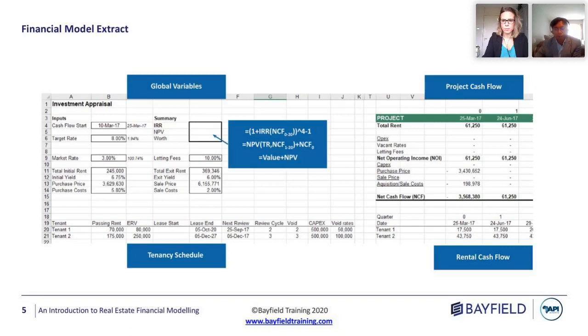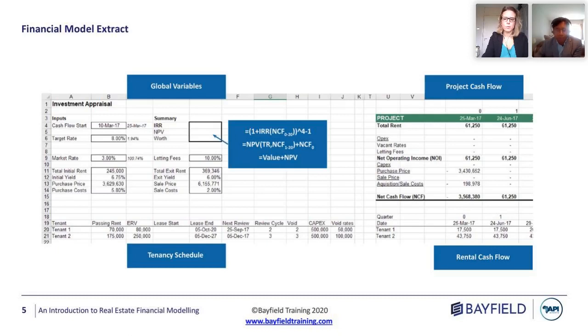You will see here the calculation using some of the functions in Excel. You will use the IRR function to calculate the IRR, the NPV function to calculate the NPV, and to find back the worth, you will add the purchase price to the NPV.